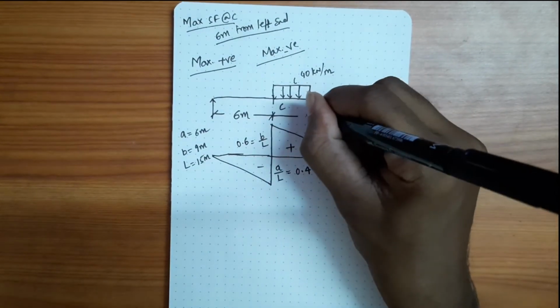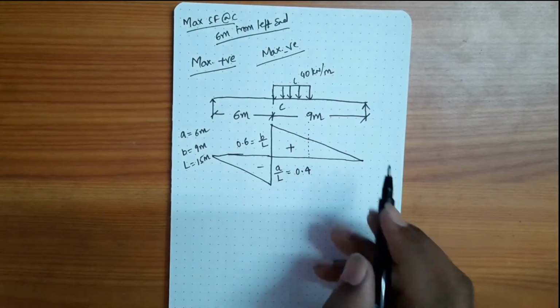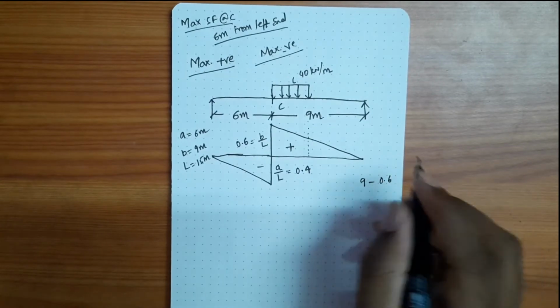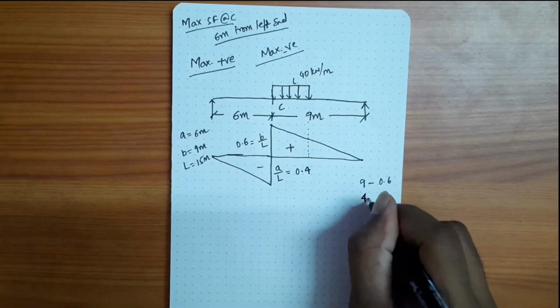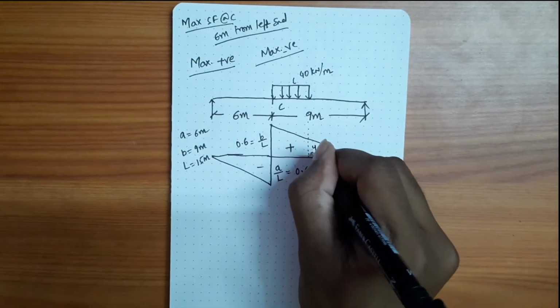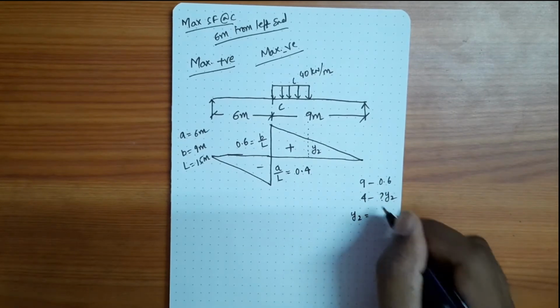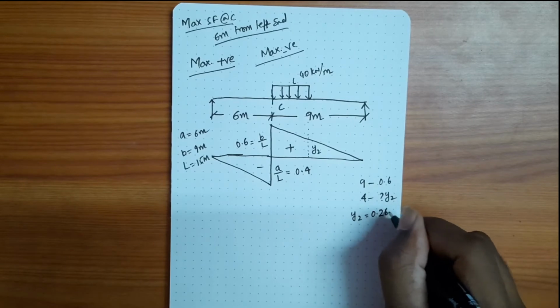Now we need to calculate this ordinate. For 9 meters it is 0.6, for the balance 4 meters how much? Let this be y2. So y2 is equal to 0.6 into 4 by 9, that is 0.267.